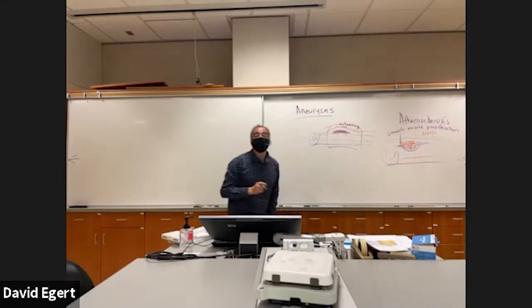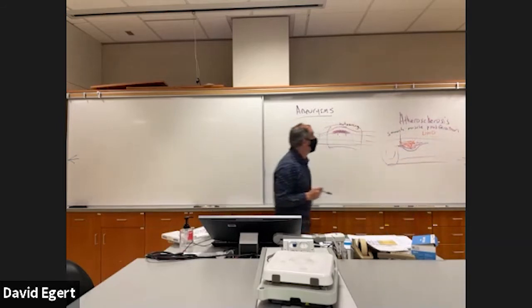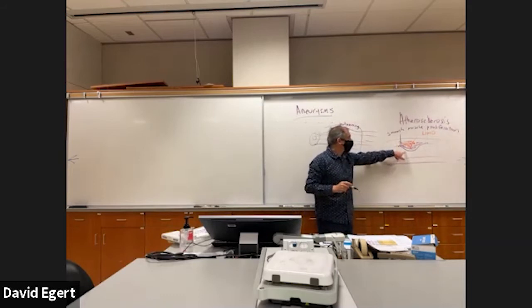It's happening inside the wall, in the tunica media. So it is impinging on the diameter, increasing resistance to flow, right?